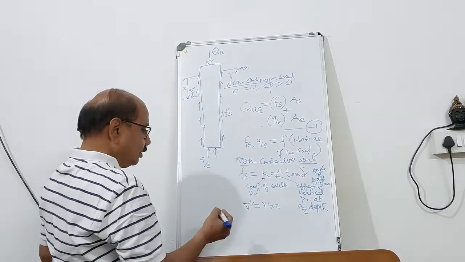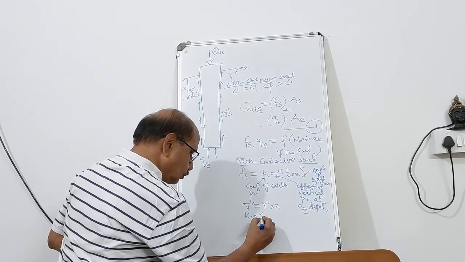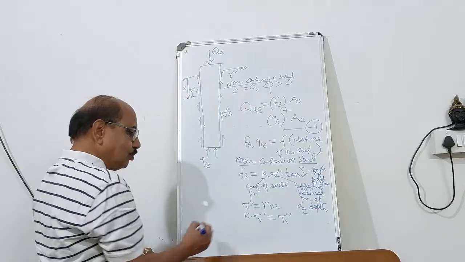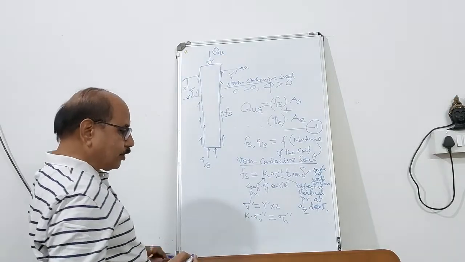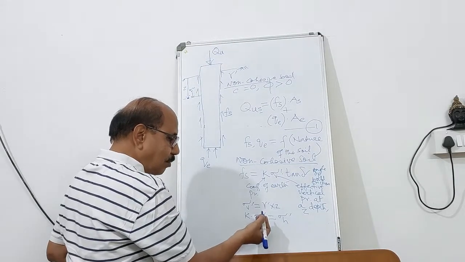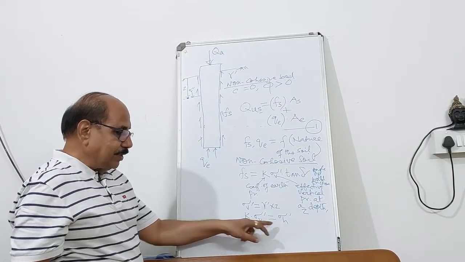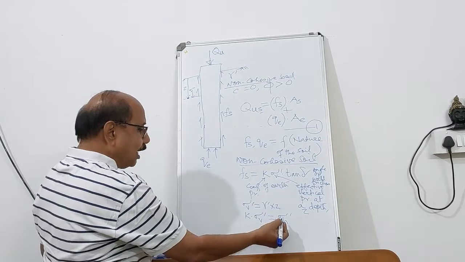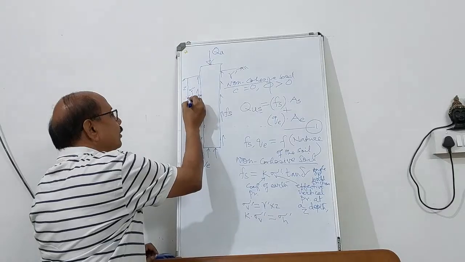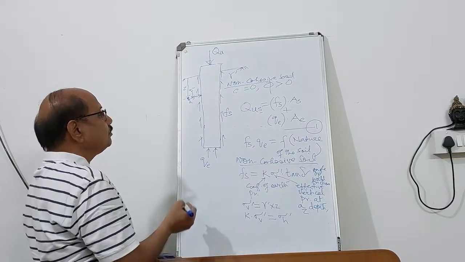This vertical pressure, when you multiply it by K, becomes the effective horizontal pressure, where K is the coefficient of earth pressure, which is defined as horizontal pressure divided by vertical pressure. Therefore, the horizontal pressure at this location is the effective horizontal pressure, sigma h prime, equal to K into sigma v prime.